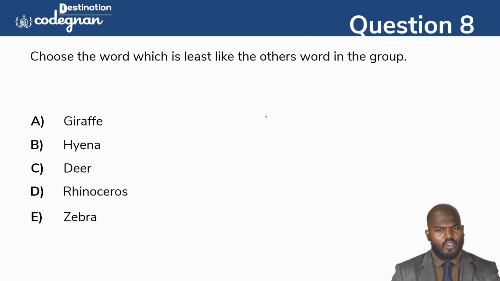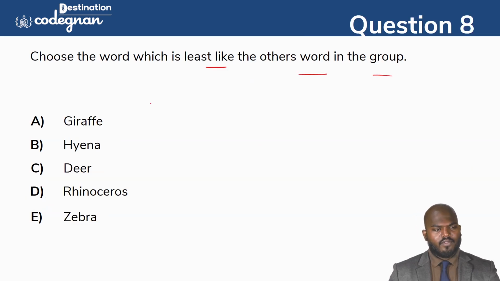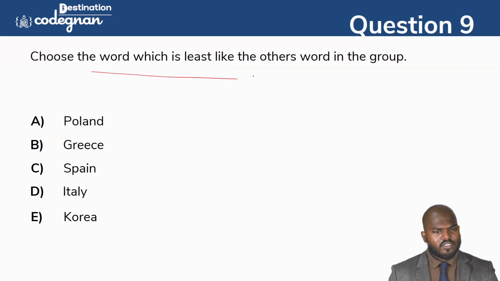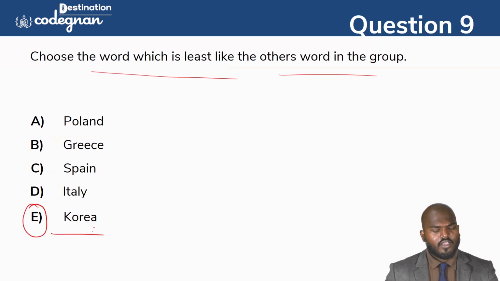Okay, guys. So going for the next one, choose the word which is least like the other words in the group. How will we take it up here? Option B, we'll go for the hyena. Hyena is the correct answer. Okay. Going for question number 9. Choose the word which is least like the other words in the group. There is option E, Korea.